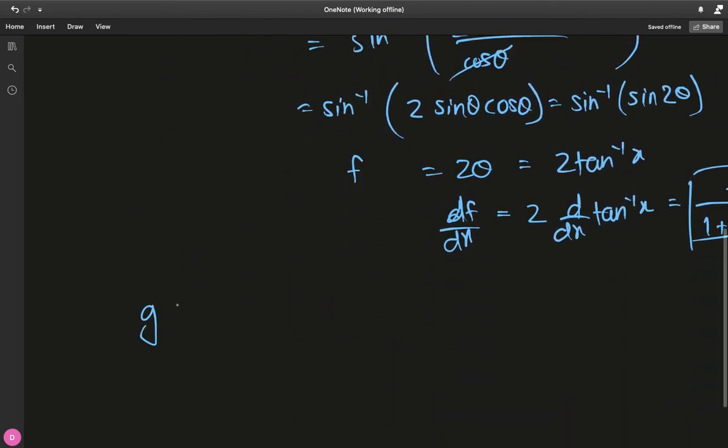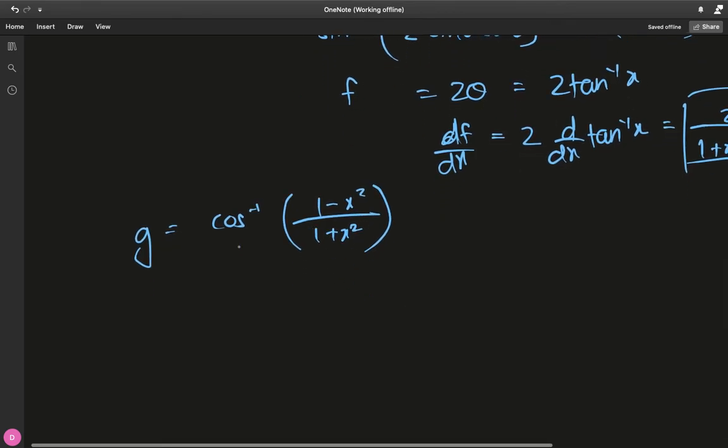Now let's take a close look at g. G happens to be cosine inverse of 1 minus x squared over 1 plus x squared. Again, looking at the denominator and the inverse trigonometric function outside, it's crying out for trigonometric substitution. So let's take x to be tan theta.